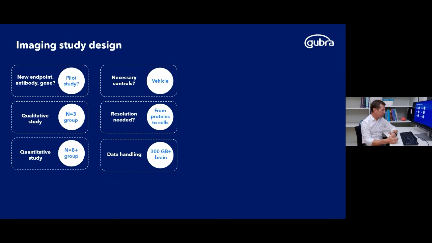So this of course has implications on the IT infrastructure, and we are lucky to have a very good server and infrastructure here in place that enables us to store and analyze these large data amounts. But this is just something to keep in mind when starting up these experiments: do you actually have what it takes to store and analyze the data?